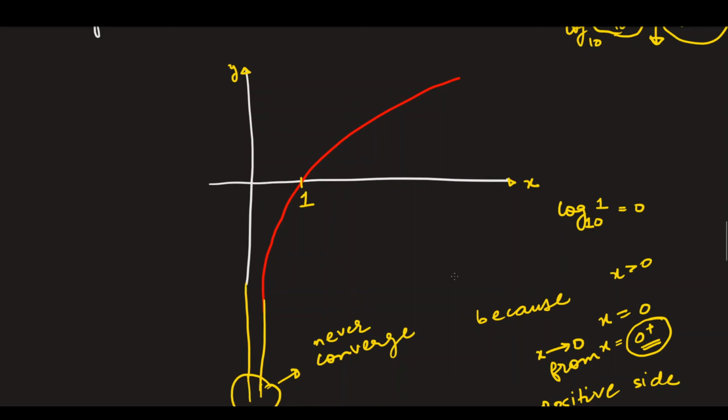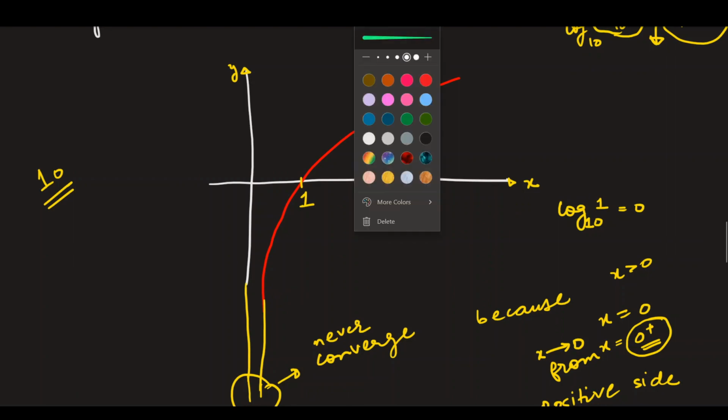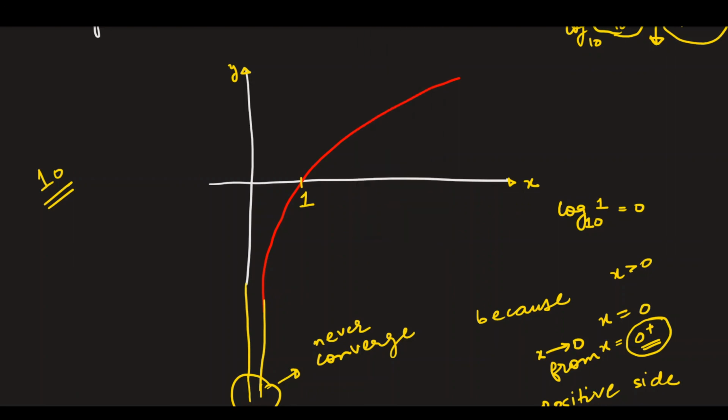Now we will be making some points. In this case the base is 10, and if x is greater than 1, this is the region x greater than 1, where log x is greater than 0.